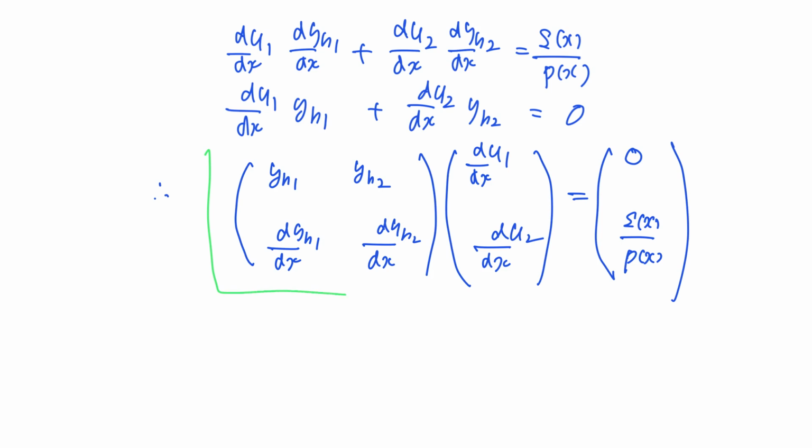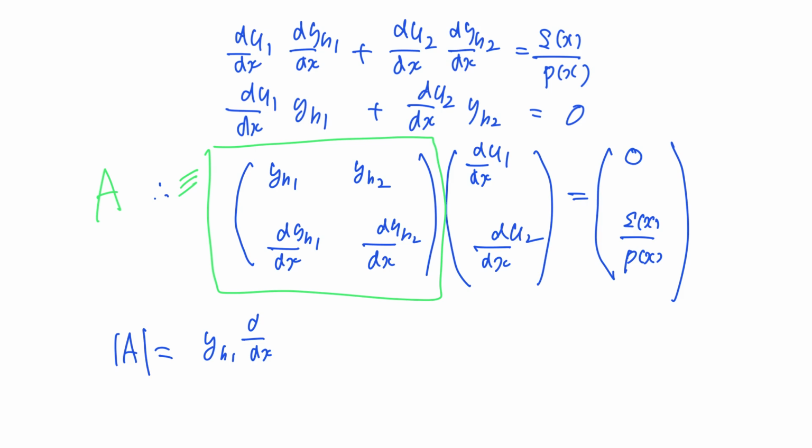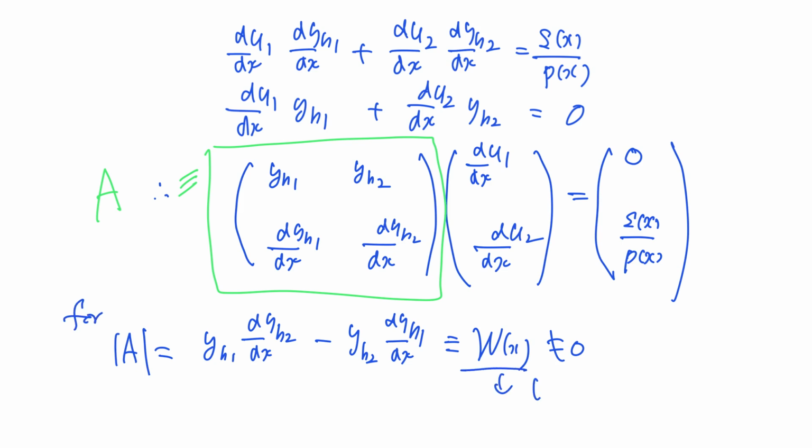So we can call this matrix A. And you can find the inverse, right? The determinant of A, y_h1 dy_h2/dx minus y_h2 dy_h1/dx, which is sometimes called the Wronskian, is non-zero. This is called the Wronskian.